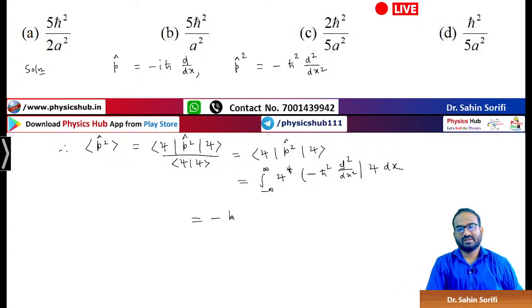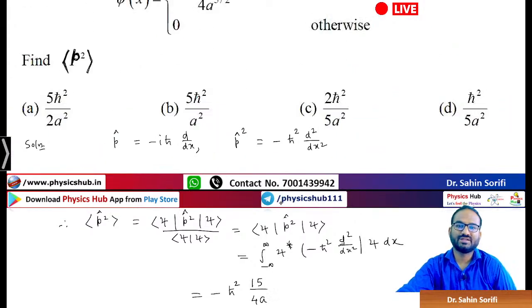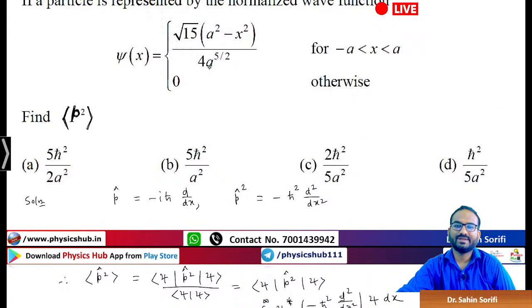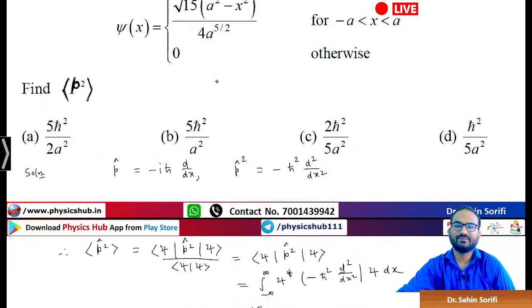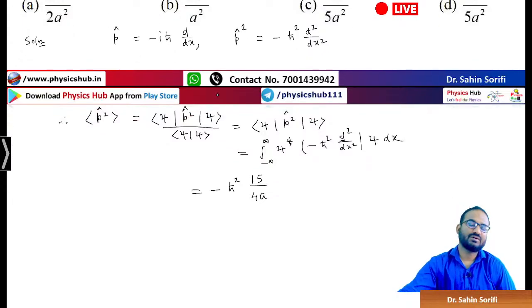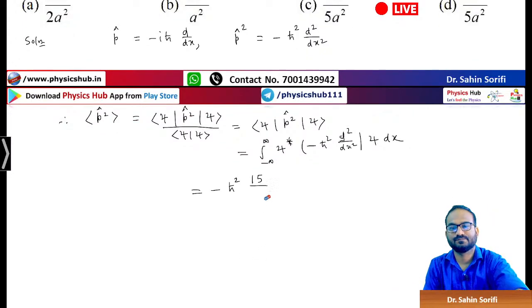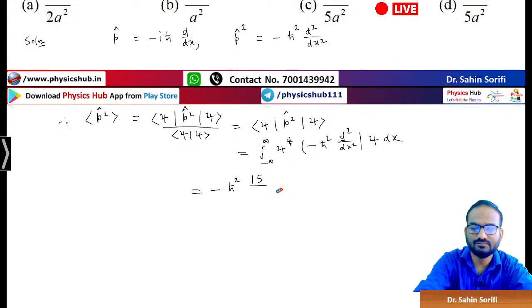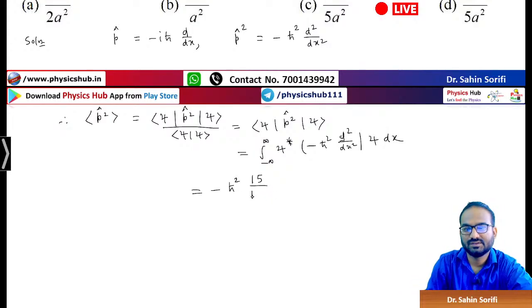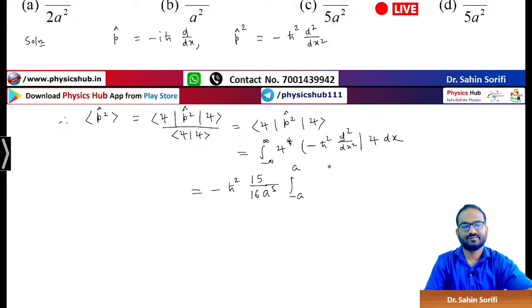Minus h cut square is coming outside. 15 by 4 a to the power 5 by 2 was there, na? It is appearing twice, so 4 square a to the power 5, so 16 a to the power 5.